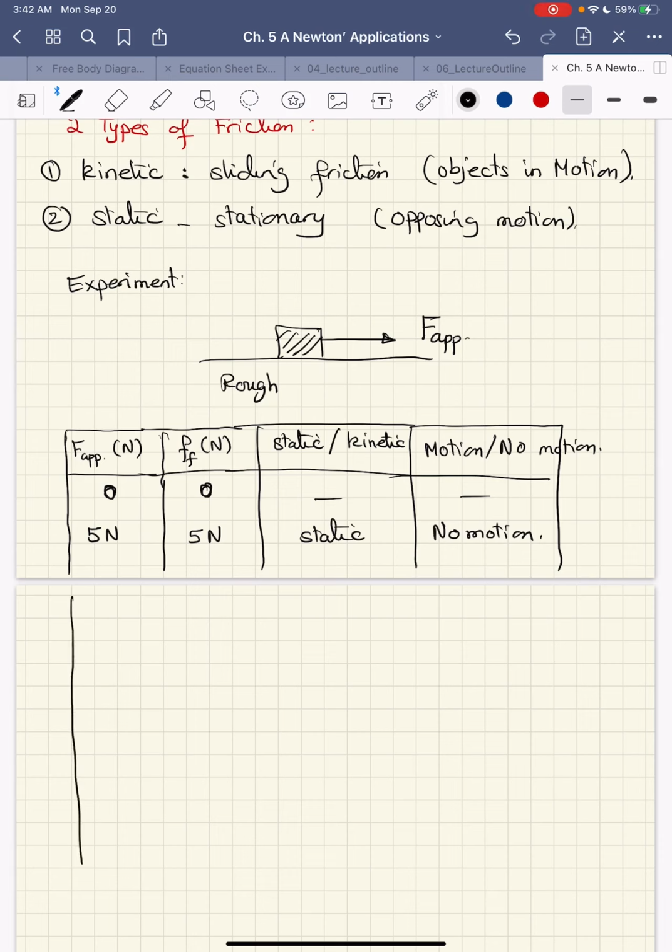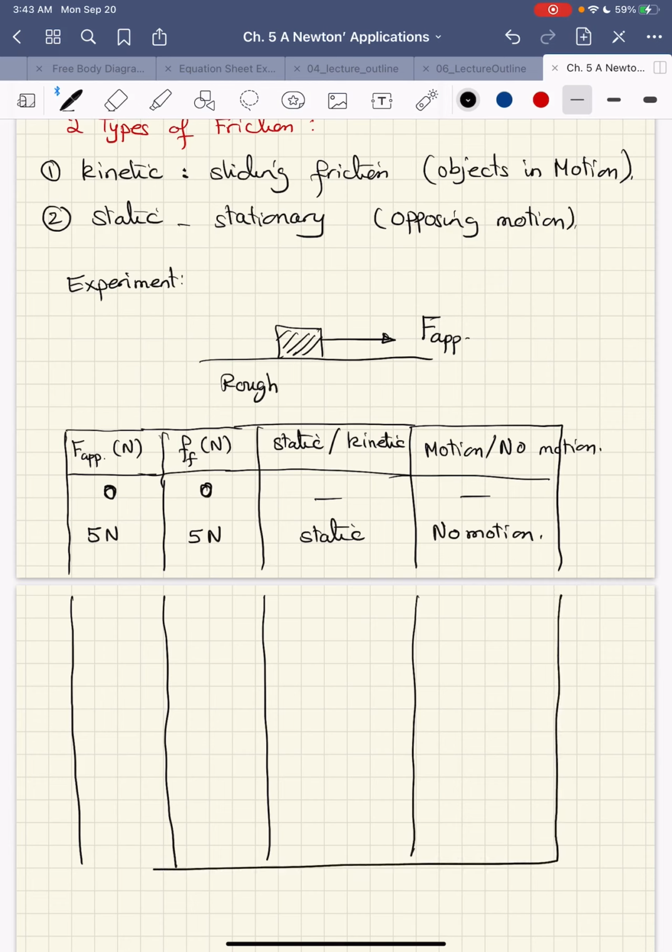I'm gonna continue here working on this. Now, the next one, let's assume 10 newtons and also no motion. This is going to be 10 newtons and also it is static. And then now let's assume this is 15 newtons, no motion again. And this is 15 again, and this is static.